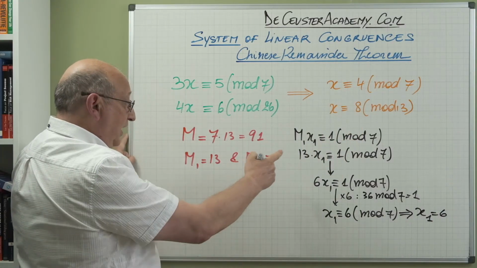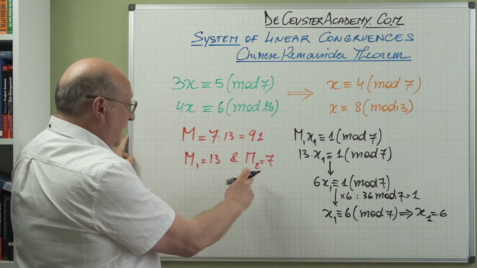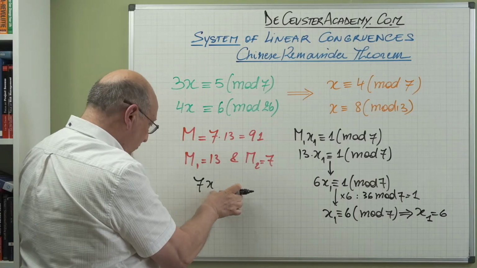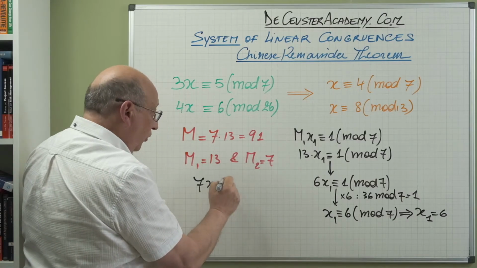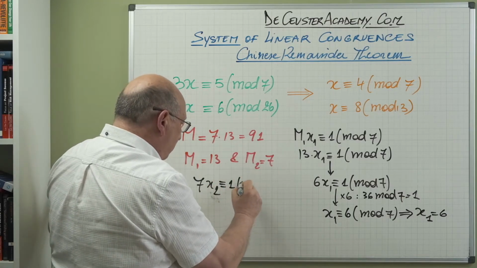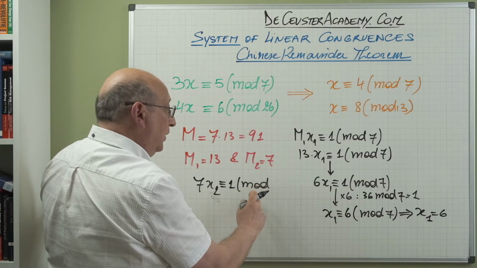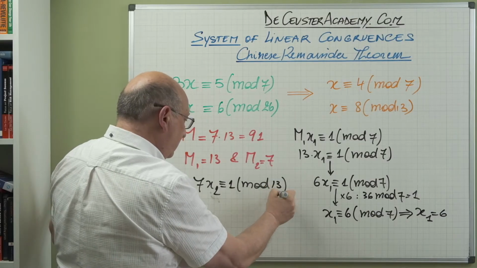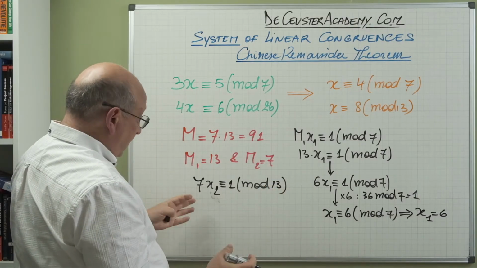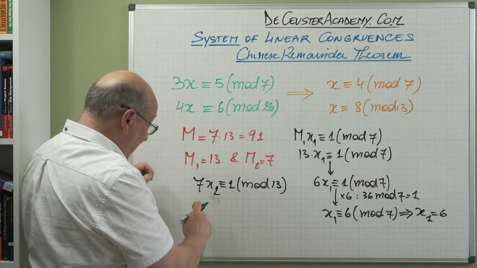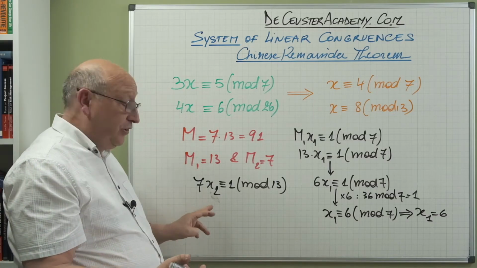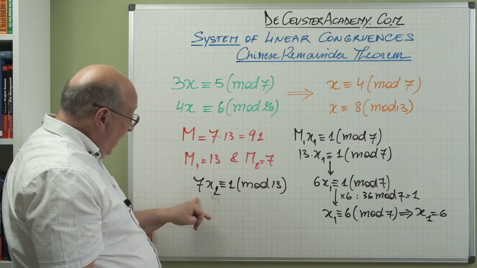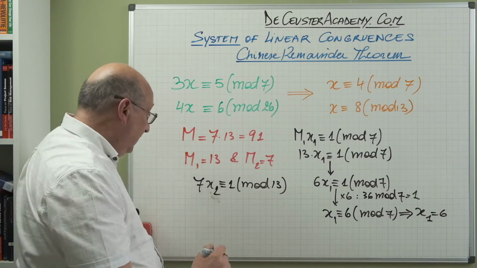Now we do the same thing for m2 x2. m2 is 7, so we find 7 x2 is congruent with 1 modulus 13 now. And we can see immediately that when we multiply both sides by 2, we find 14, and 14 modulus 13 is 1.